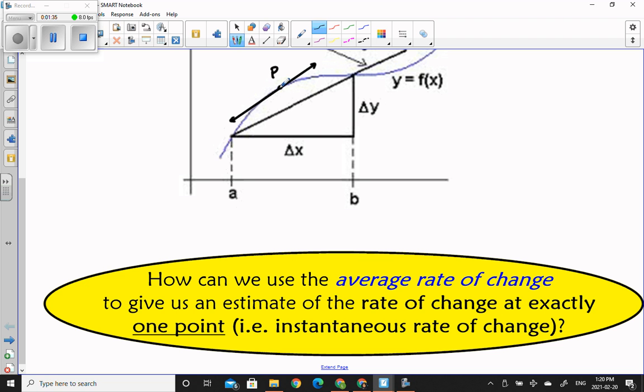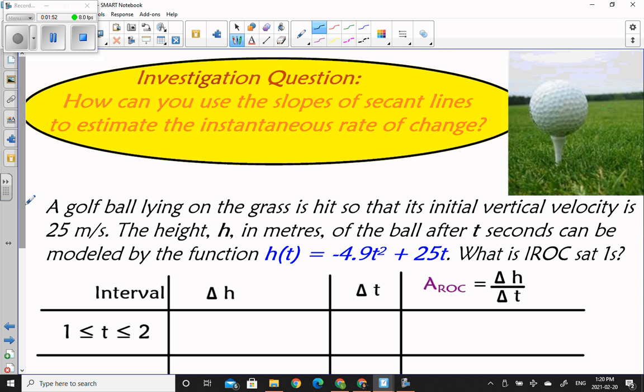So the methods we're going to be using to find IROC are going to be an estimate. We're going to use the average rate of change and then use that to arrive at an estimate of the instantaneous rate of change at one point. So let's look at how we're going to work around that.